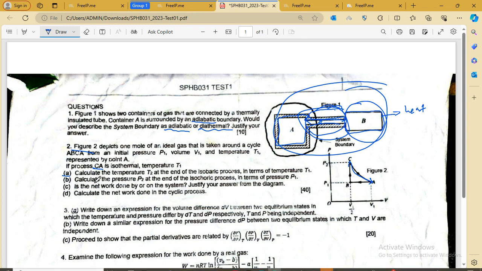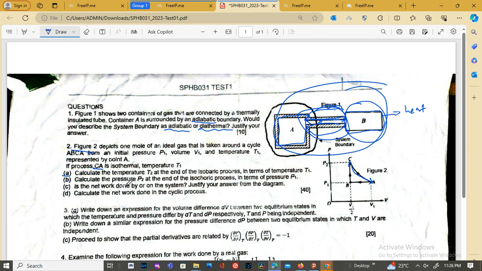They tell us about this number B, where we calculate the pressure P2 at the end of the isochoric process in terms of pressure P1. They also talk of what we call isochoric. You have to know what it means.